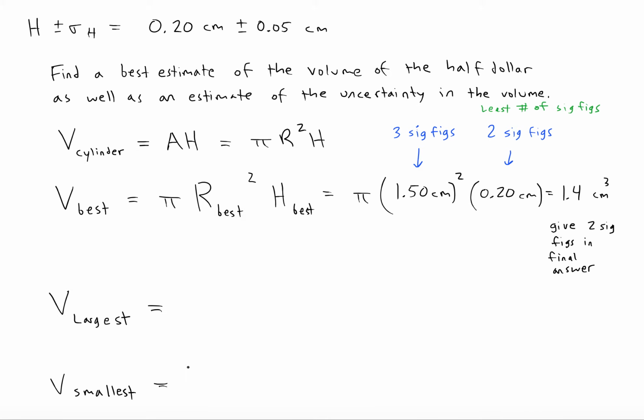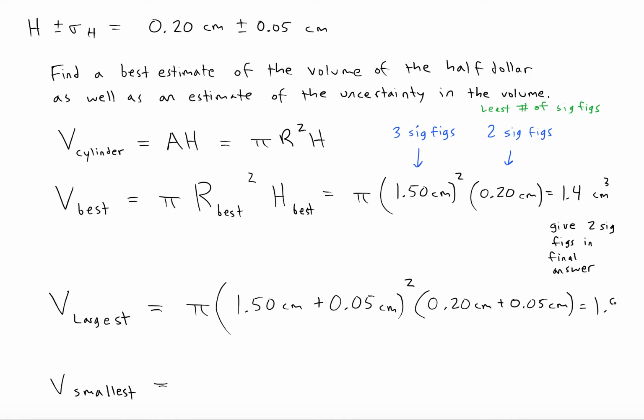Well, to do it, I would do pi times 1.5. For the largest, we'll add the uncertainty to the radius and add the uncertainty to the height, and we get, looks like, 1.8 or 1.9 cubic centimeters.